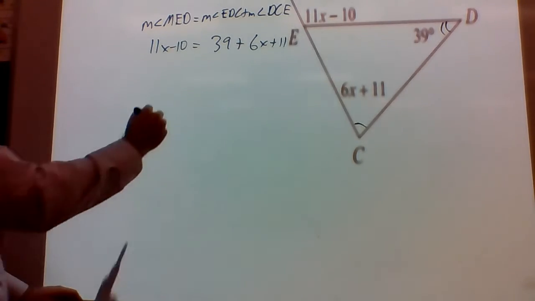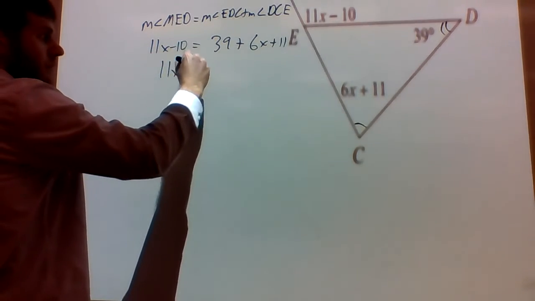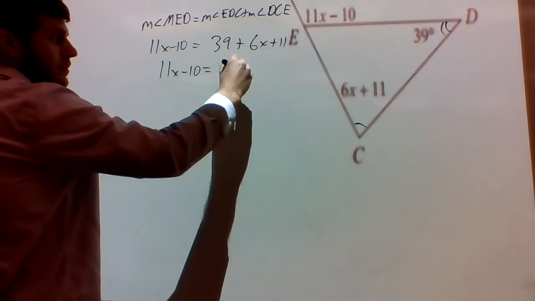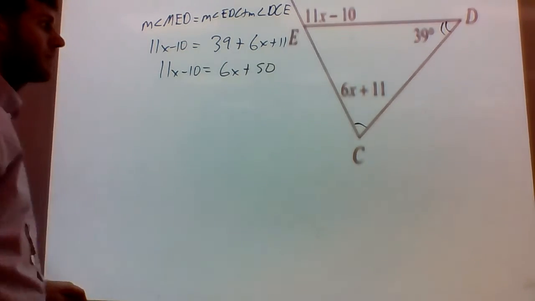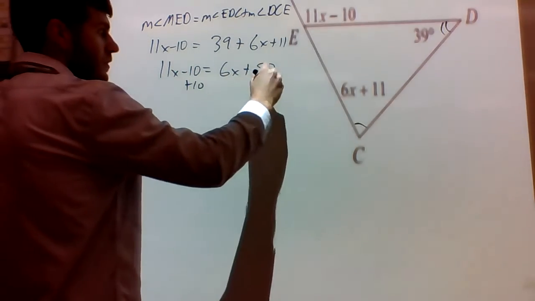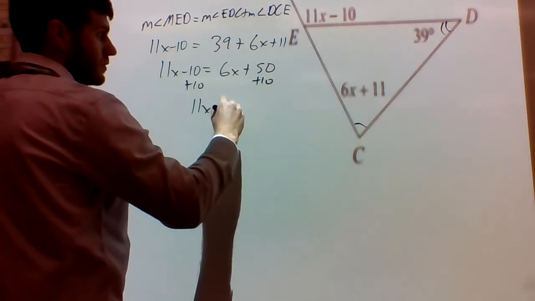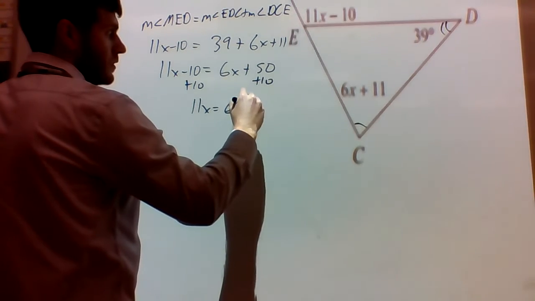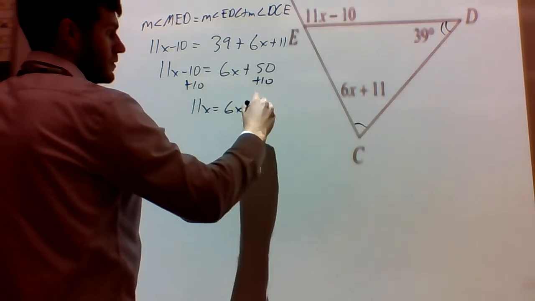Okay, combine like terms. So 11x minus 10 is going to equal 6x plus 50. Add 10 to both sides. 11x is going to equal 6x plus 60.